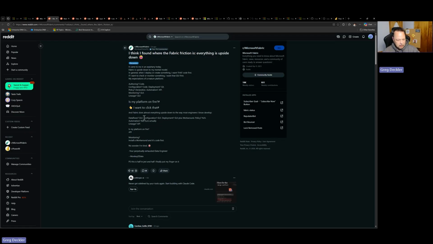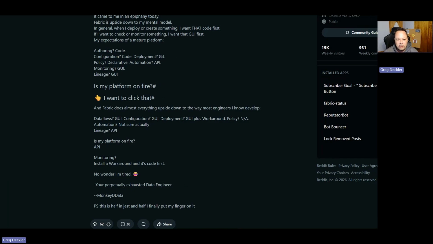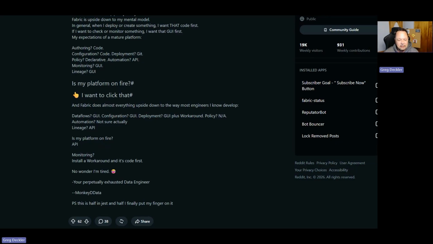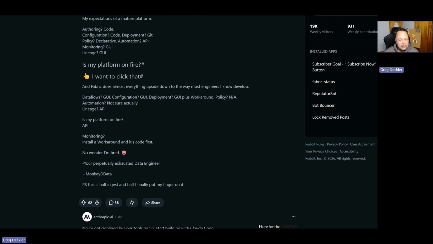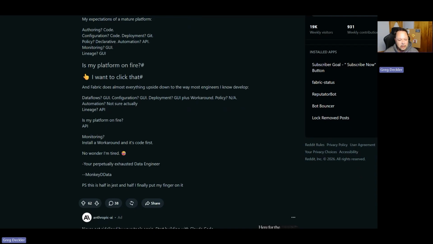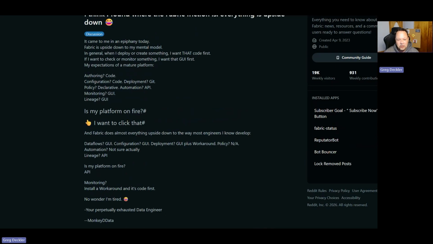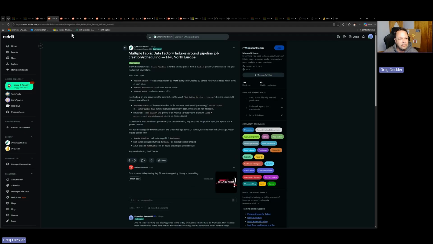So in Fabric, dataflows are GUI, configuration is GUI, deployment is GUI plus workaround. Policy doesn't even exist. Automation, he's not actually sure. And then lineage is API. Monitoring is install a workaround and it's code first, right? It's like, is my platform on fire? API, right? So everything in Microsoft is flipped compared to what he would expect in a normal, mature data engineering platform. So I tend to agree with him.